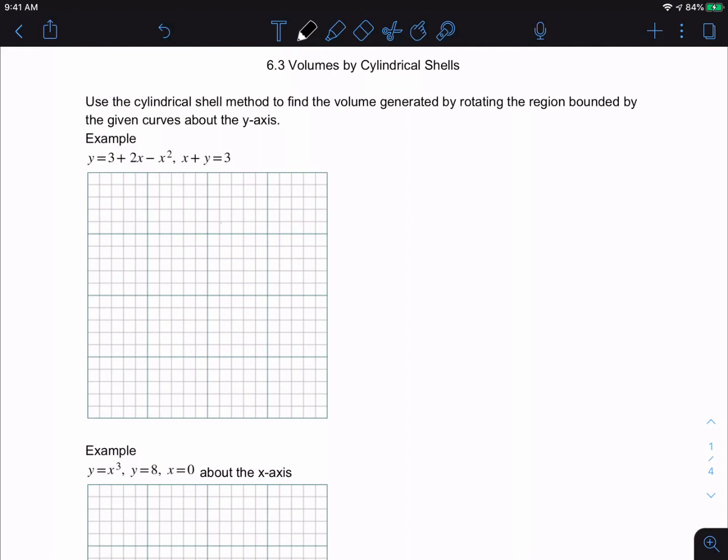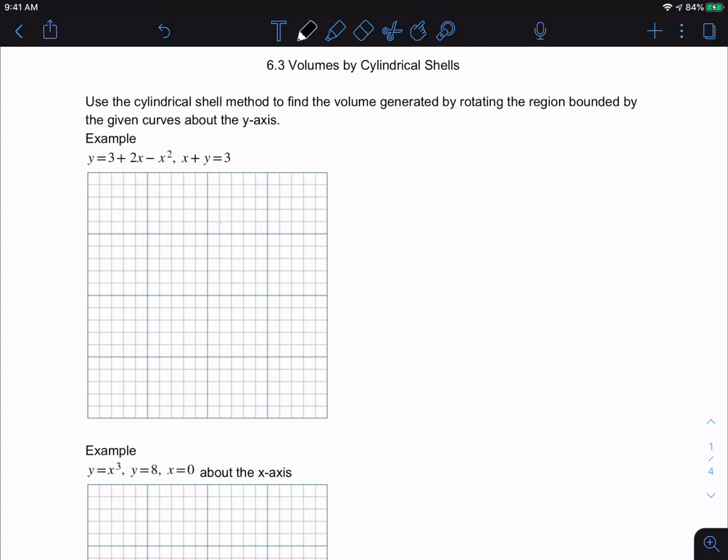All right, so last time we did the disc and washer method. With the disc and washer method, the slices that we did in order to do our rotations were always perpendicular to the axis of rotation, right?